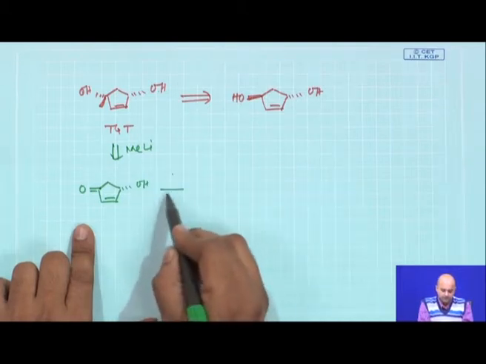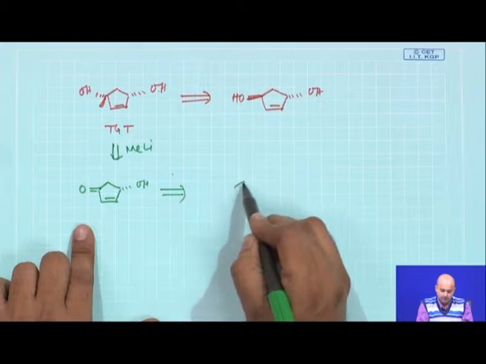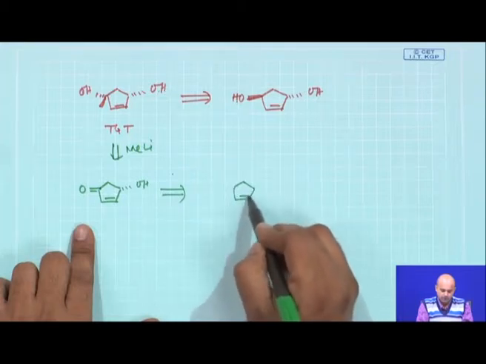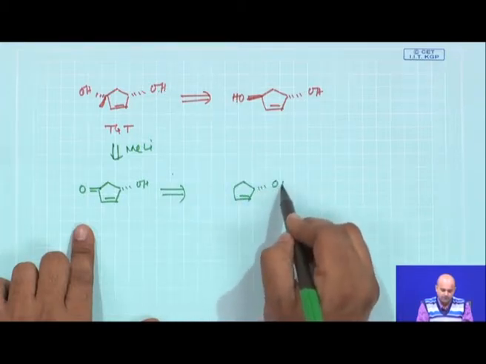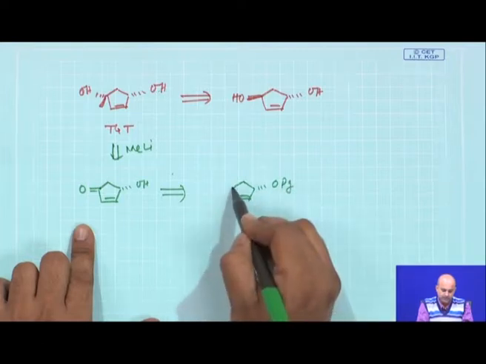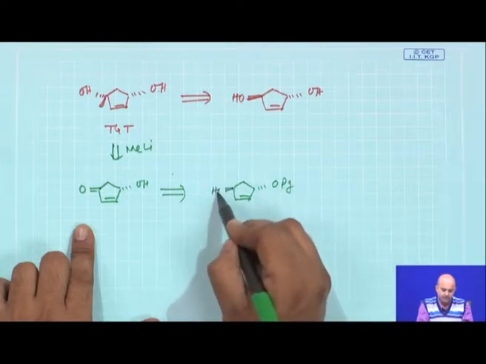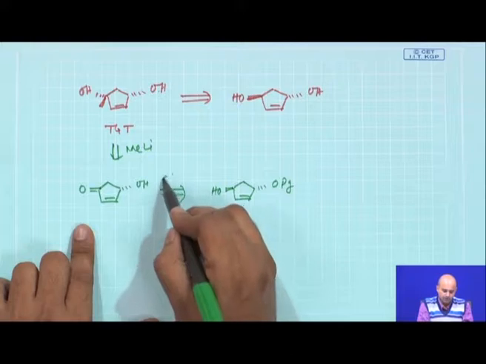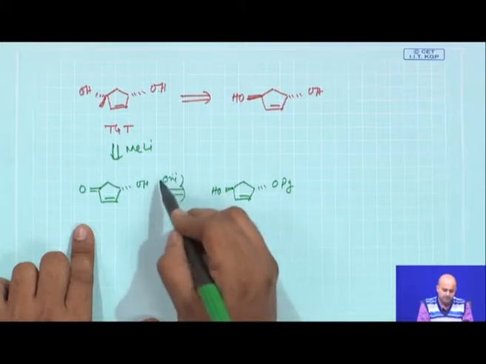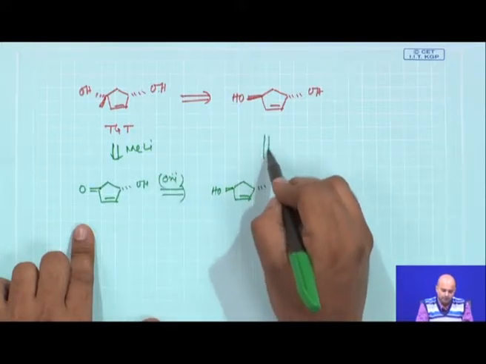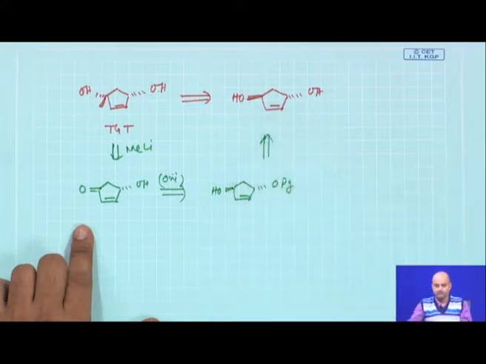So, basically what you need to do is protect one of these OH as an OPG and keep the other OH free, and then you do an oxidation here, and then you can basically correlate these things with this.